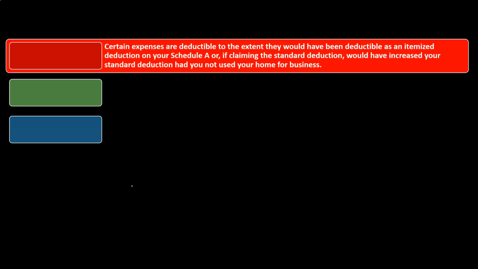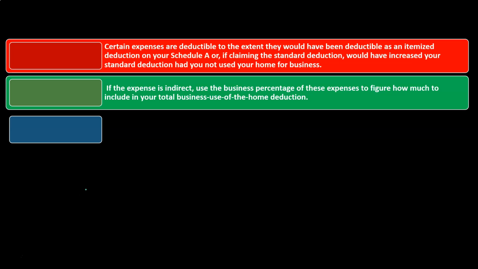So certain expenses are deductible to the extent they would have been deductible as an itemized deduction on Schedule A, or if claiming the standard deduction, would have increased your standard deduction had you not used your home for business. So we have some of those itemized deductions that may have had an impact on Schedule A and may then be applied out, like interest on the home mortgage and whatnot.